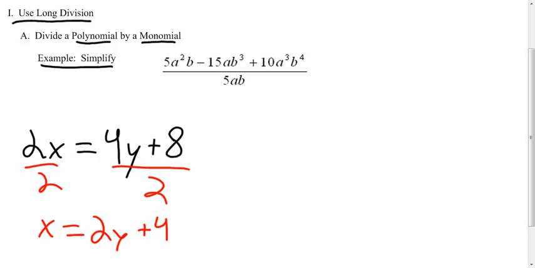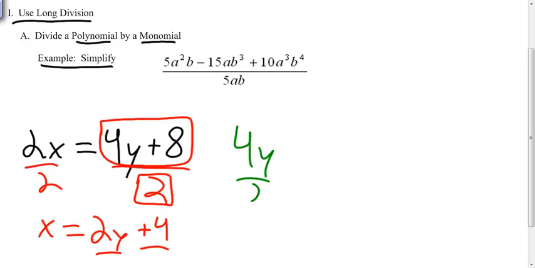So in this case, we had a larger dividend being divided by one term. But it broke down into two different terms, and how we did that was we separated them out. We had 4y divided by 2 plus 8 divided by 2, which in the end gave us our 2y plus 4.